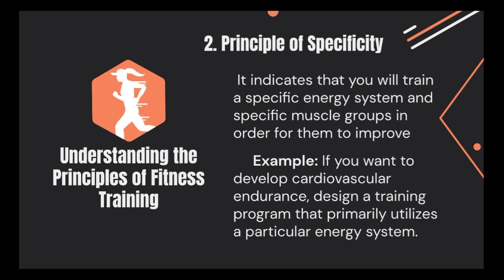So in the principle of specificity, you need to specify what kind of muscle groups you want to improve in your body. You need to think about the specific parts and muscles of your body that you want to improve or develop.